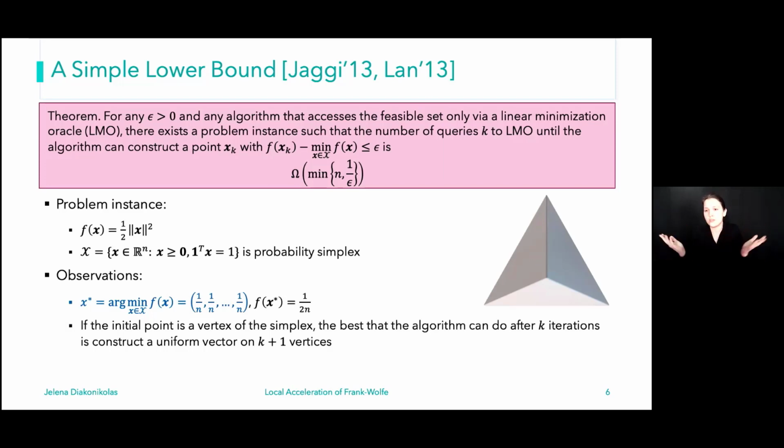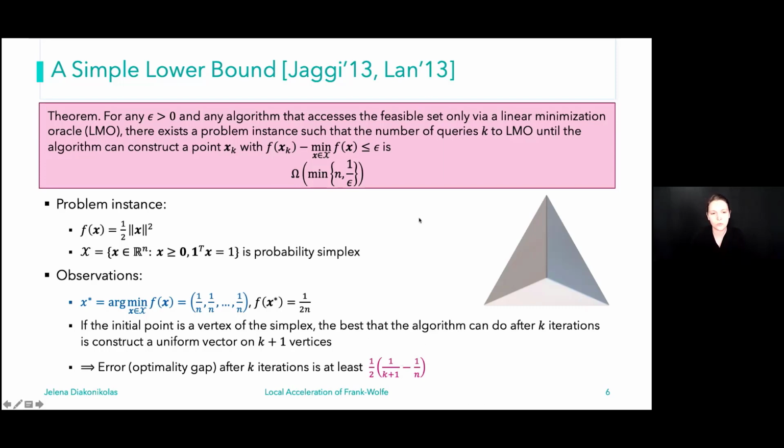You don't know what the rest of the feasible set looks like. So the best you can do is just to choose a uniform vector over those k plus 1 vertices. But if that's the best you can do, then your error or optimality gap after k iterations is at least this much. And now if you look at error epsilon, this is what will bring you to this bound.